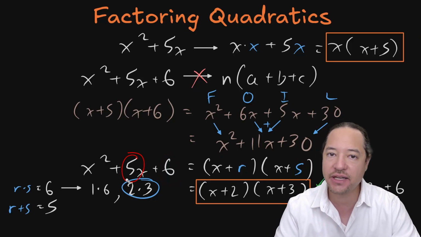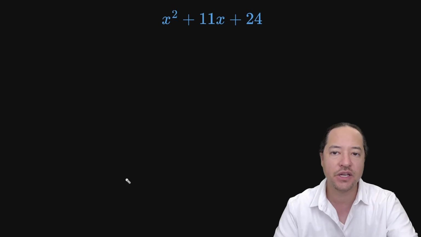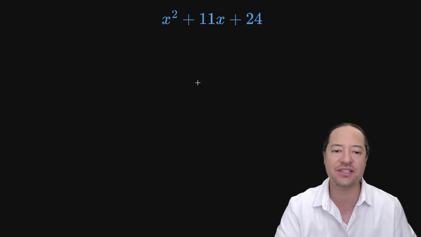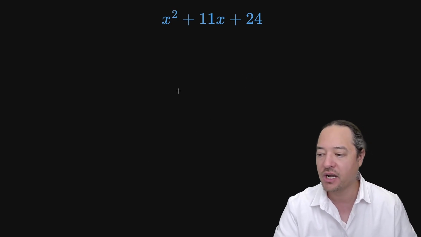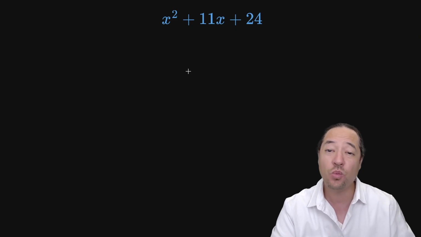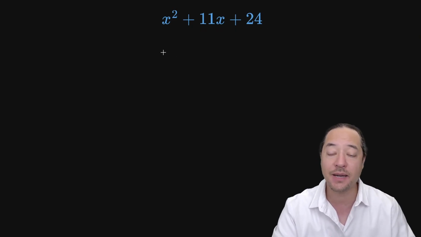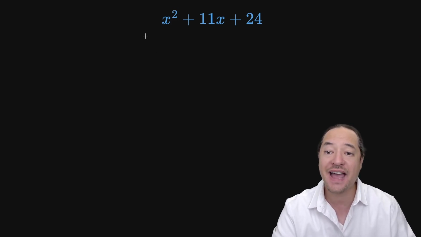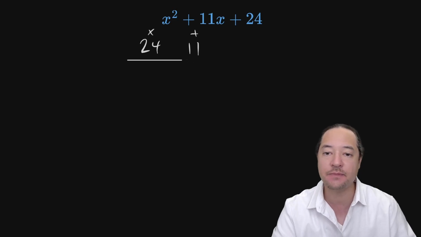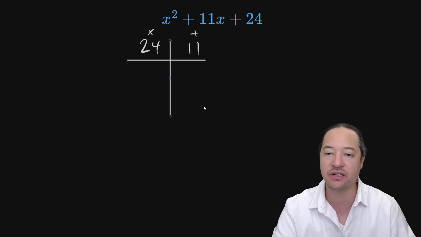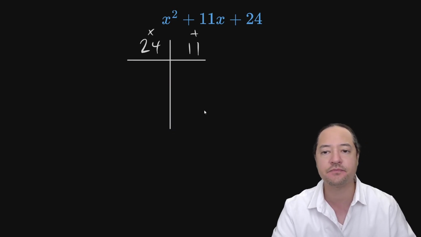So let's try another example here. We've got x squared plus 11x plus 24. For this, we again want to think about these two numbers. We're going to try to find the factors of 24, two numbers that multiply together to create 24 and add up to create 11. I'm going to make a little table of some potential values.